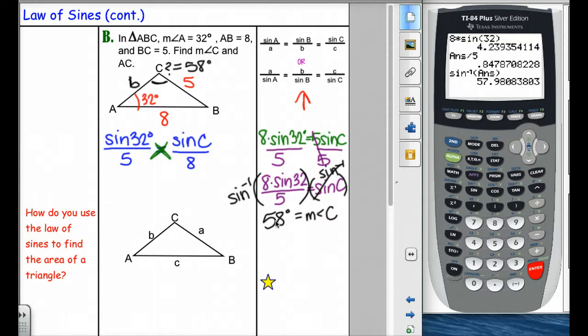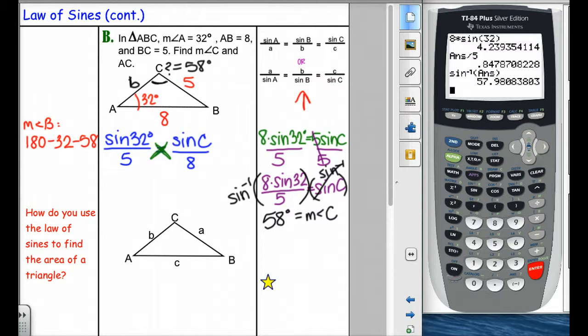And now that I know that, I can then go ahead and find my third angle. So the measure of angle B is going to be found by taking 180 minus 32 minus 58.